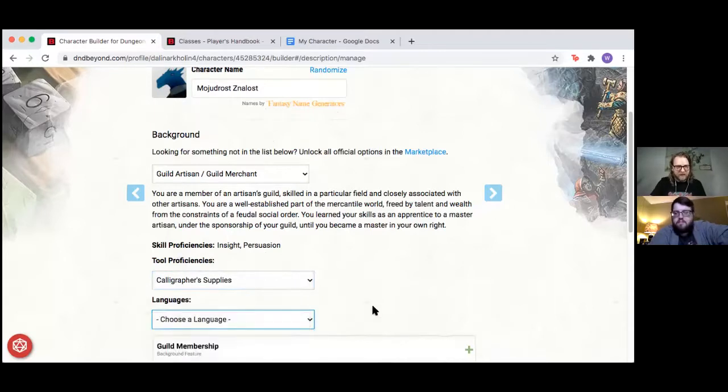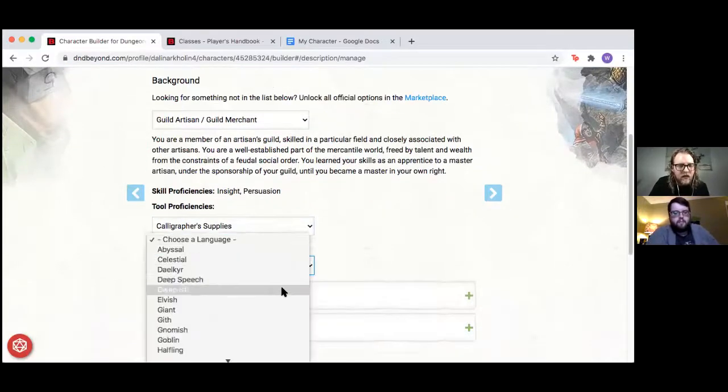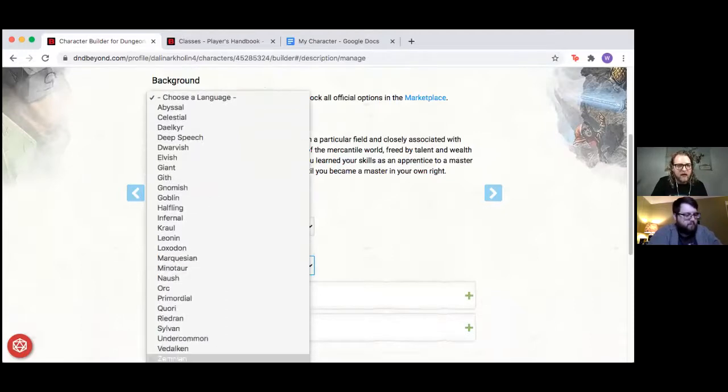Languages. Let's see, I get to speak an additional language. So I speak Common and Draconic as a Dragonborn. And Common in your world, Brew, Shannon, is called what? It is called Vorian. Okay. So now, as a guild artisan, I get another language.